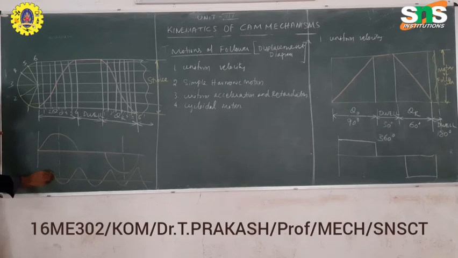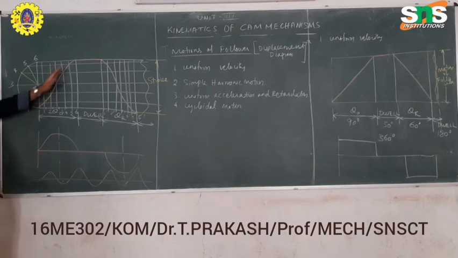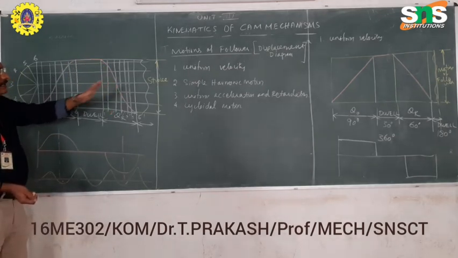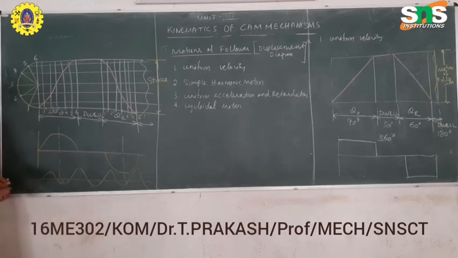There will be an upward and a downward acceleration of the follower motion. You can see a smooth curve, both upward and downward, in the same outward stroke period, and also in the return stroke period we can see the sine curve in the same manner. It is called simple harmonic motion.